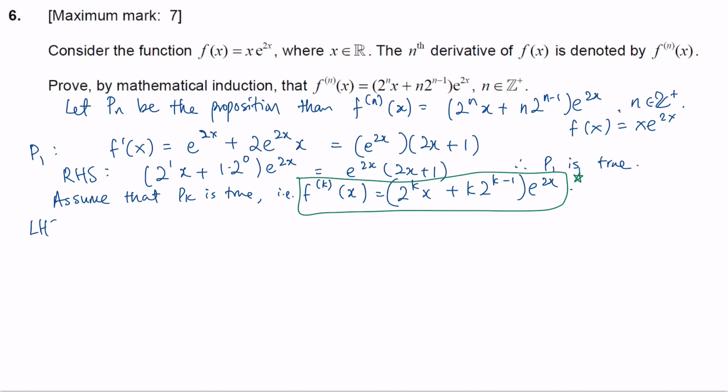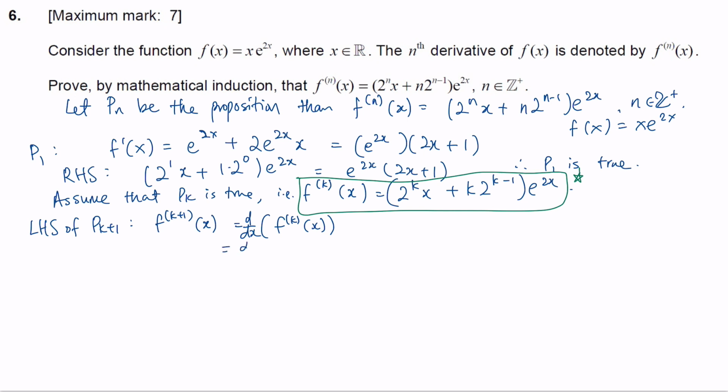So the left hand side of P(k+1) is actually the (k+1)th derivative of f, which is the derivative of the kth derivative, which is how we bring in the P(k+1) statement.